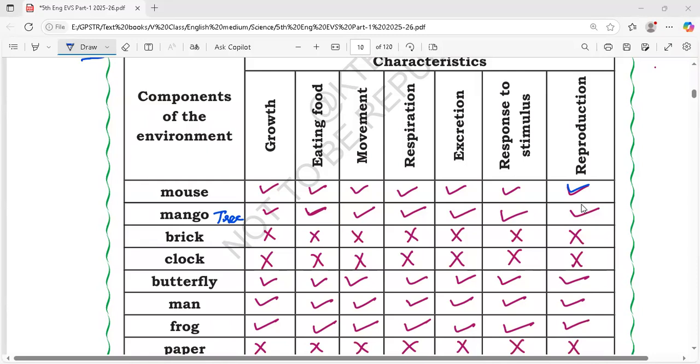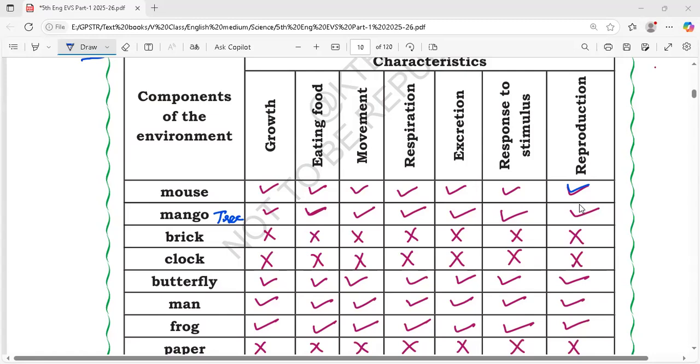It needs food to grow. Mango tree has movement through its roots. Respiration takes place in mango tree. Excretion takes place through leaf. Response to stimulus also takes place in mango tree. Reproduction takes place in mango tree.